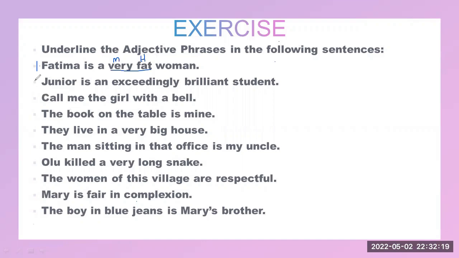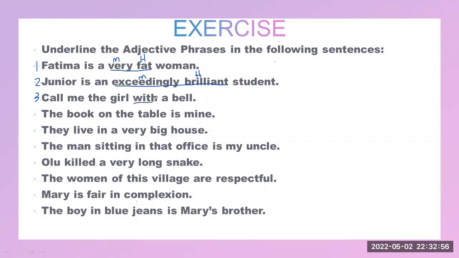Now, number two. Junior is an exceedingly bright student. Exceedingly bright is the adjective phrase, and again it is similar to the first one. This is the modifier, this is the head word. Number three, we have: call me the girl with a bell.